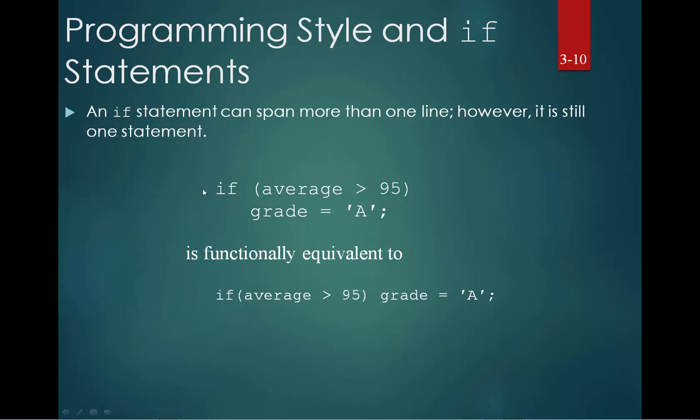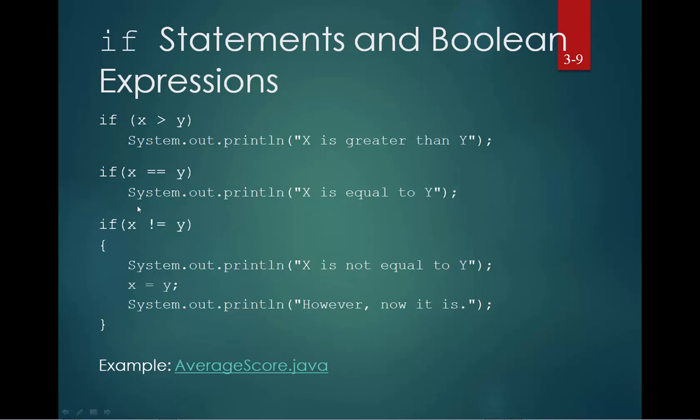Notice that there's only one semicolon in each of these cases, because this part of the if statement doesn't count as an entire statement. The entire statement is everything together, you see? And that's true as well for this block of code.